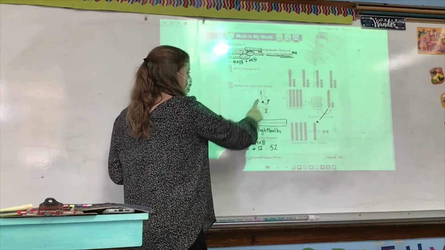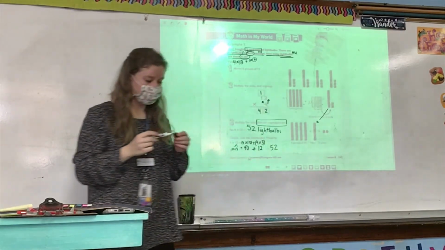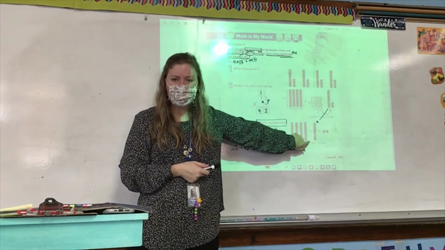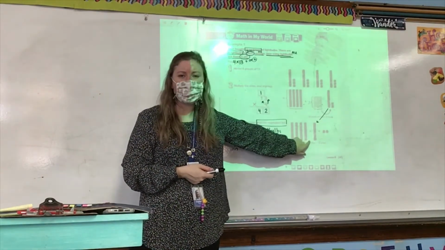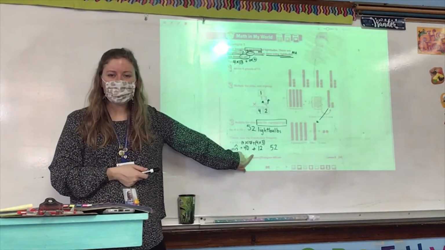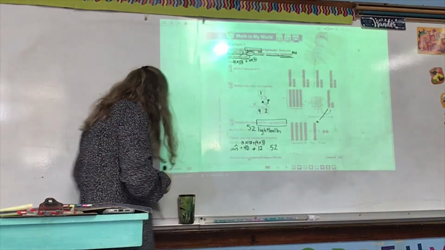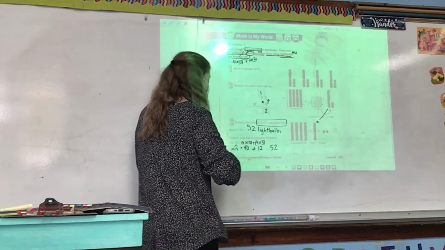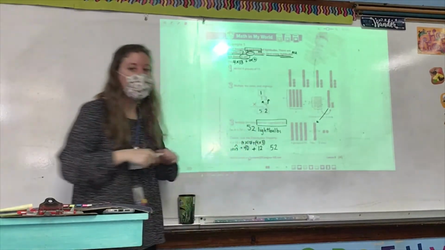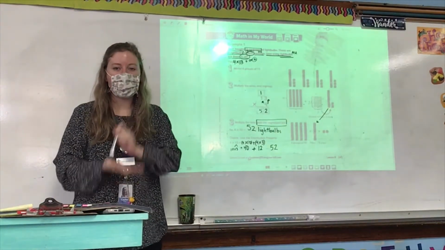I know 4 times 1 is 4. Is that correct with our model? Do we have 4 tens and 2 ones? No. Is that correct with our distributive property? Did we get 52? No. That is why you always add the regrouped 1. Do not multiply the regrouped number ever.